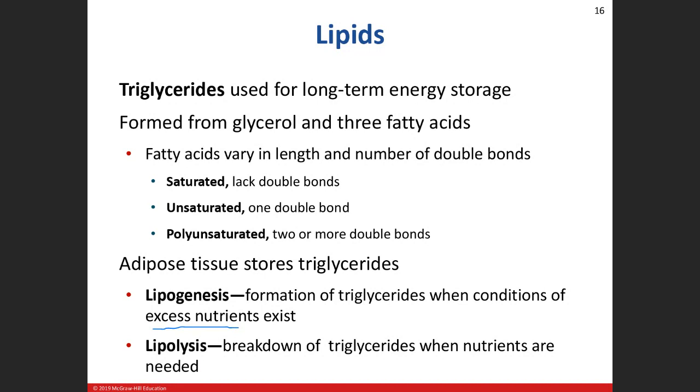Now you're in a situation where you haven't eaten in days and your body needs some energy, so you are in the fasting state. Then your body will engage in lipolysis, in which you start to break down triglycerides stored in the adipose tissue so you can get energy from that.